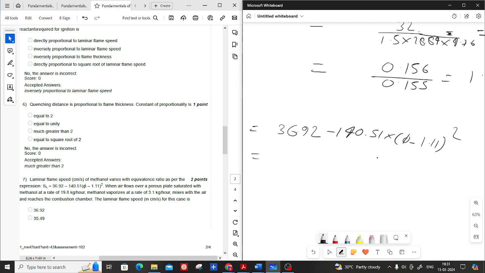So you just substitute it: 36.92 minus 140.51 into (1.006 minus 1.11) whole square. So what answer are you getting? 35.40, sir. So that is the correct answer.